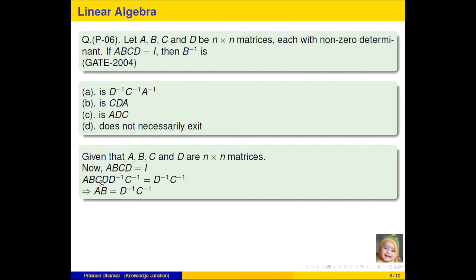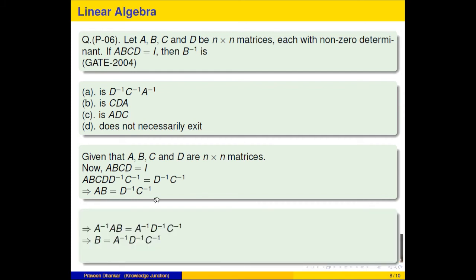So we obtain AB equal to D inverse C inverse. Now again we pre-multiply by A inverse, so A inverse A becomes identity, and identity into something is itself, that is B.